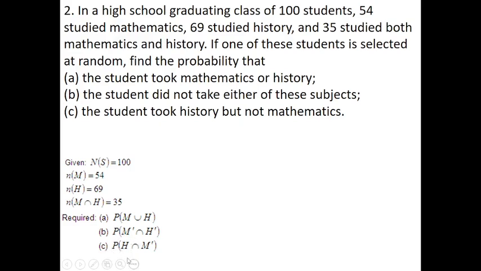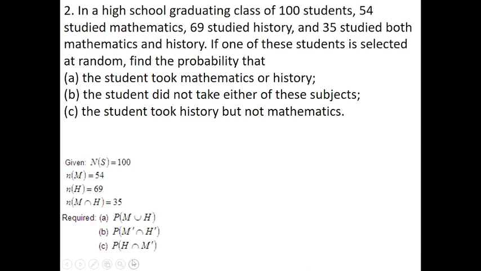So probability that the student took history but not mathematics. So intersection M prime. Okay? So, ganun siya, no? So, yung but, tsaka and, di ba? Pareho lang yun halos. Contrary, kumbaga, yung but, di ba? So, kaya intersection simple yung ating gagamitin, no?